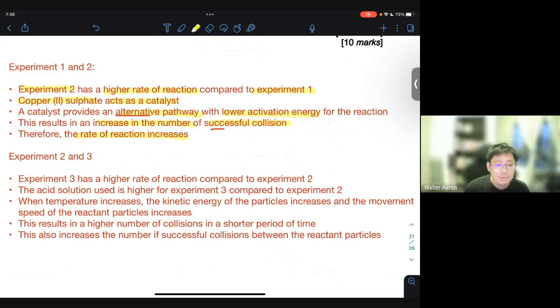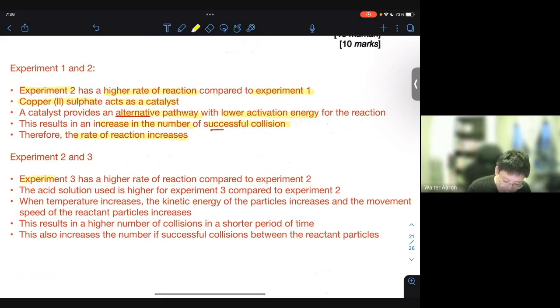For experiment 2 and 3, you can see that experiment 3 has a higher rate of reaction compared to experiment 2. So again, I'm comparing the rate of reaction for both experiments. I also mentioned that the acid solution used has a higher temperature compared to experiment 2, but I think I missed out one word over here.